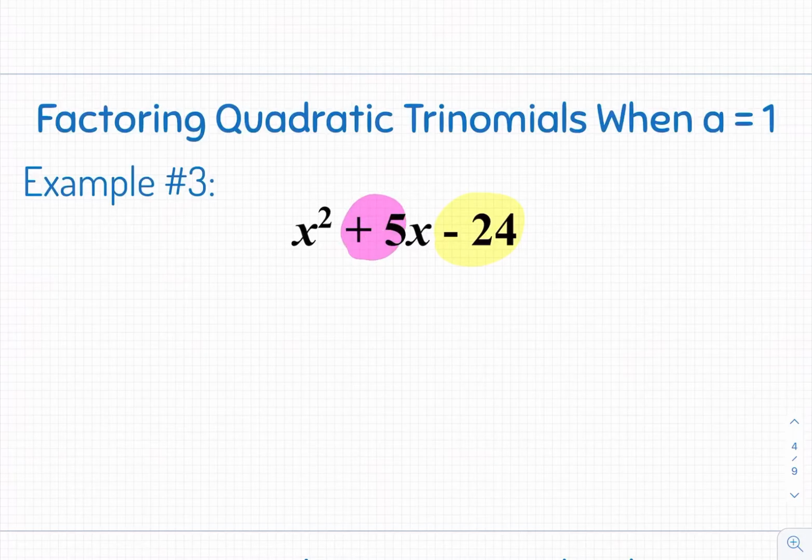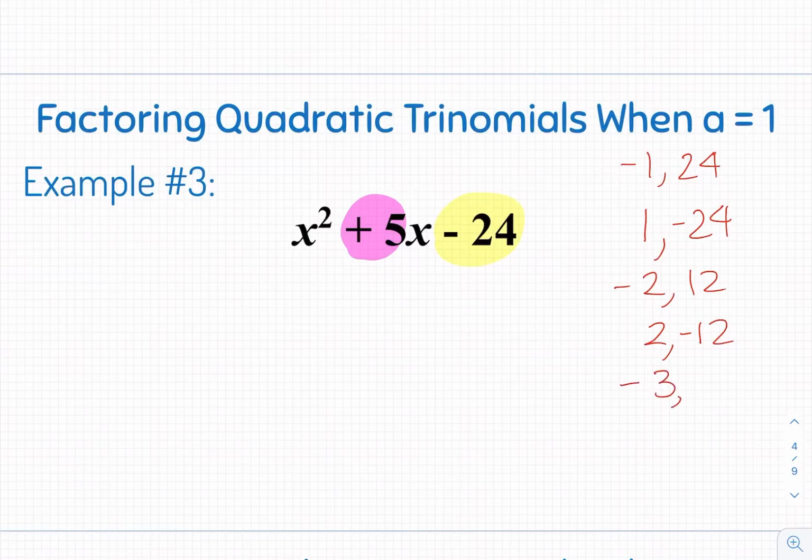Okay, to multiply to equal negative, one needs to be negative and one needs to be positive. So negative 1 and positive 24, or negative 2 and 12, or vice versa, or negative 3 and 8, or negative 4 and 6.